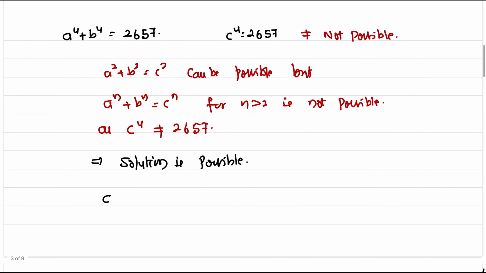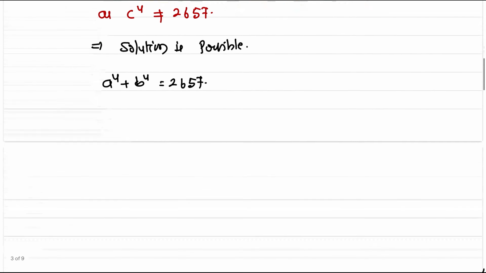First, we have checked whether it is possible or not. a to the power of 4 plus b to the power of 4 is equal to 2657. Now, let us try to solve it. Let us check for modulo 16.